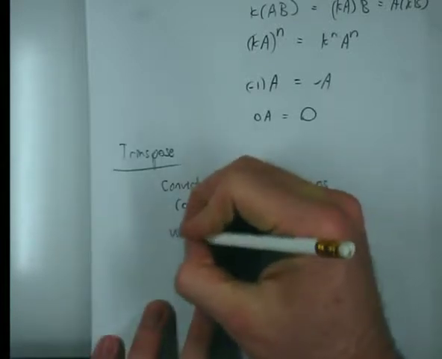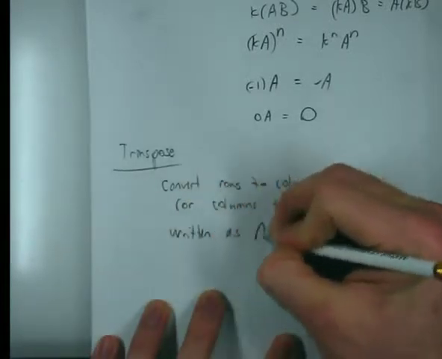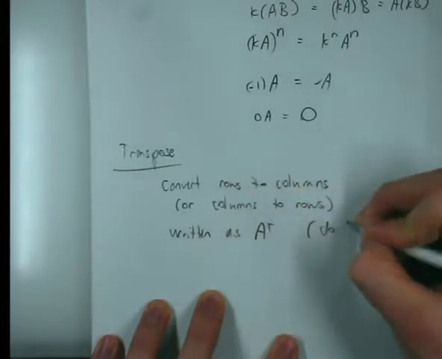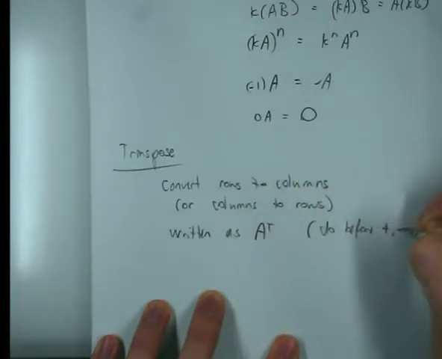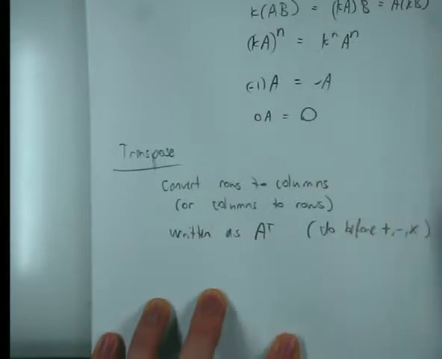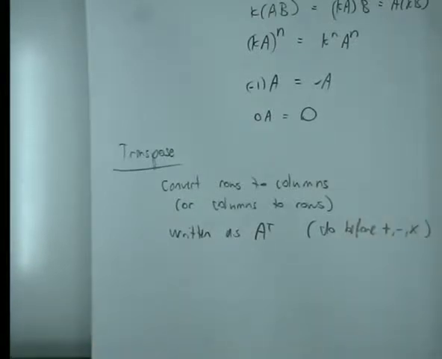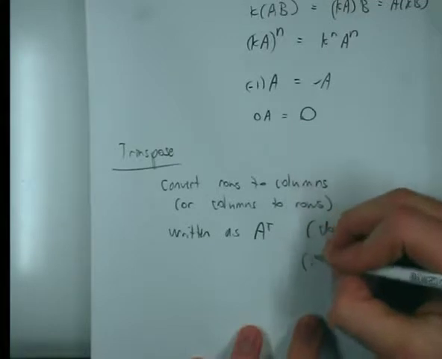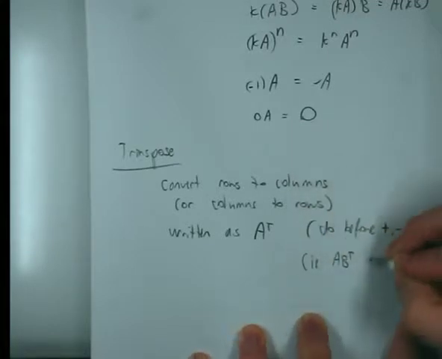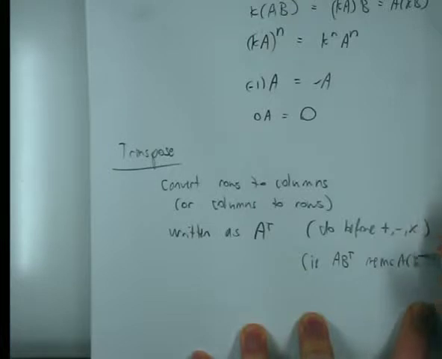So written as A transpose, you do it before plus and minus, and also before times. Because it's written as a power, and the ordinary order of operations says that you should do powers before addition, subtraction and multiplication, we always do transpose in an expression like that before we do addition and multiplication. So that means that AB transpose means A times B transpose, not AB then transpose.